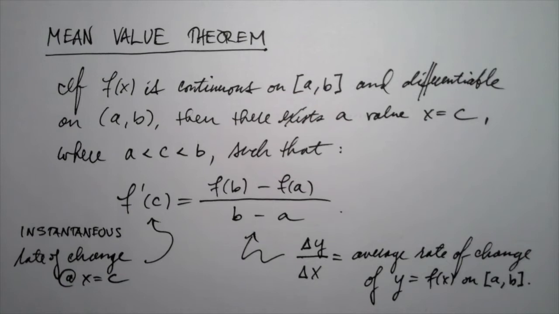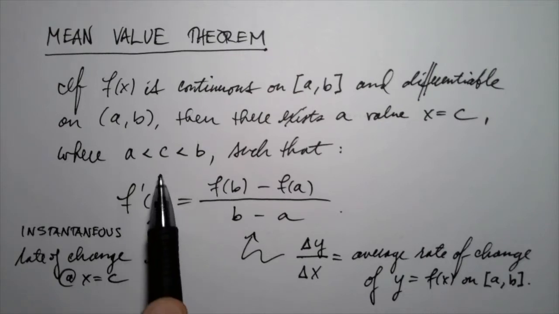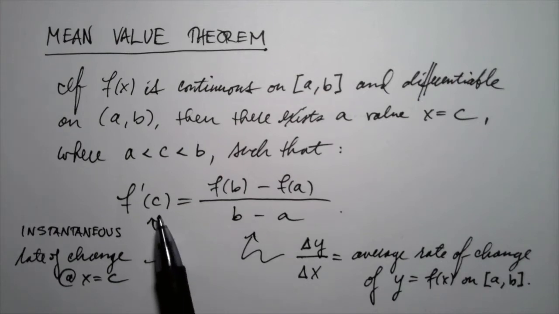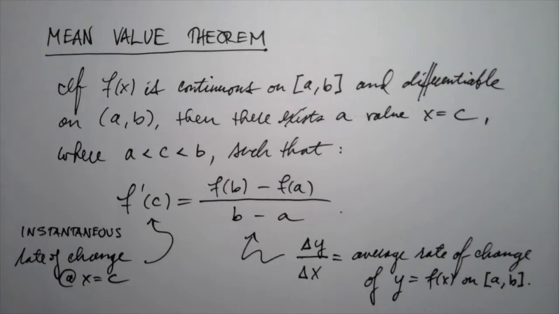It's saying that if you're looking at some interval and you find the overall average rate of change, then there's always some point in that interval, some c value, where the instantaneous rate of change exactly matches the average rate of change. Notice that the theorem is not saying that the derivative is always equal to this value. It's just saying that it's equal to this value at some point.